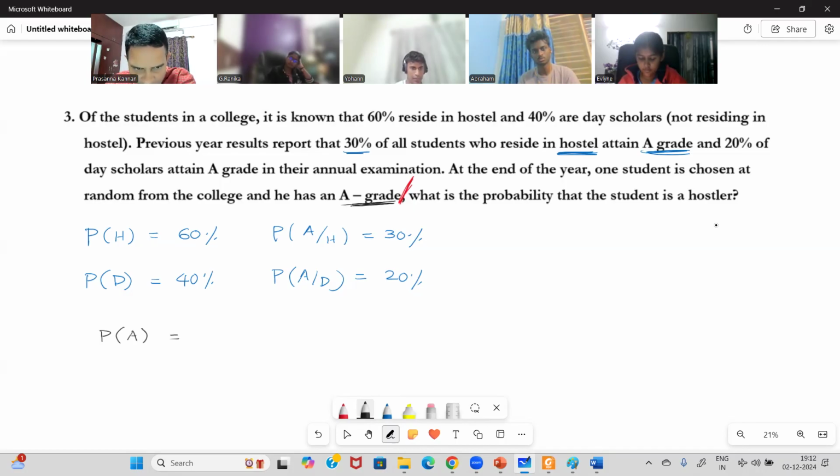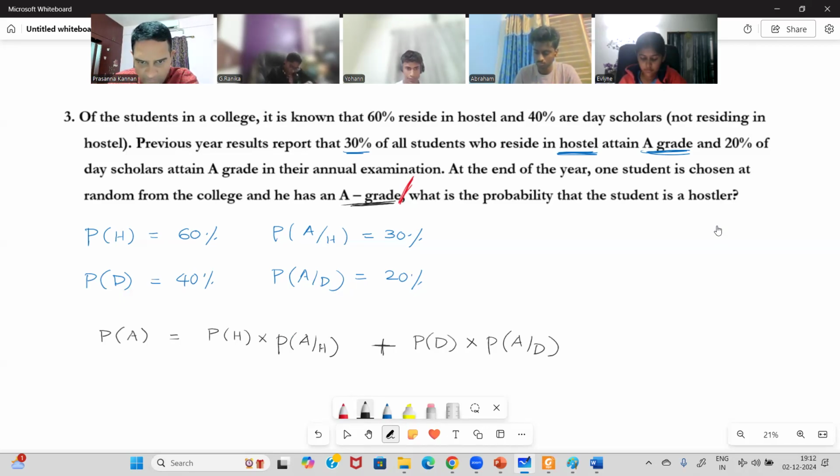P of A given... I'm not sure, sir. Is it H plus D? No, wait. It's 2. So first, he is a hostler and he's an A grader given that he's a hostler. Correct? Yes, sir. Plus... or what? Can you complete now? P of D into P of A given D.